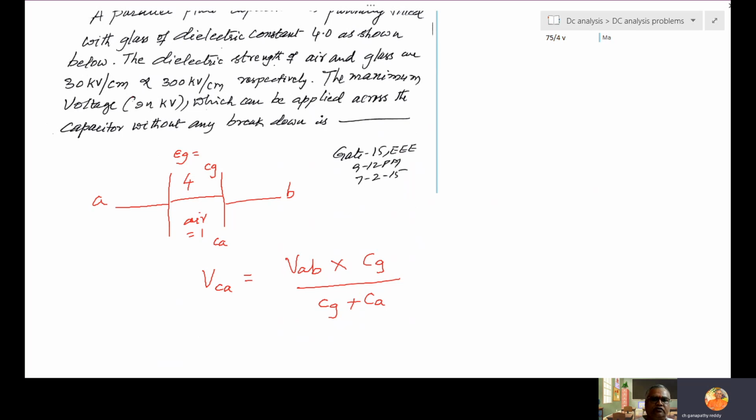Also look at this information. 30 kilovolt per centimeter is the air dielectric strength, and the glass is 300 kV per centimeter. Centimeter means 10 mm, so 10 mm is 30 kV.